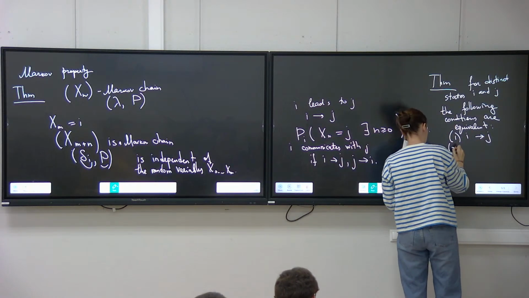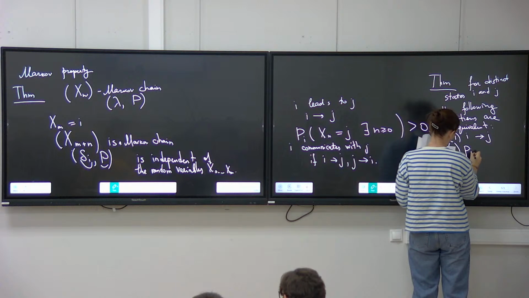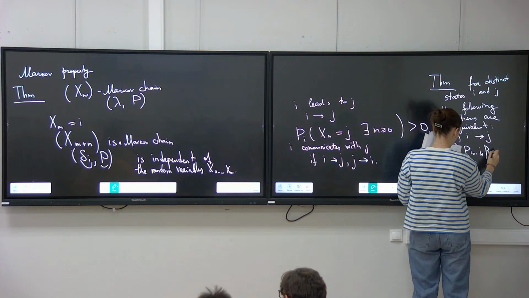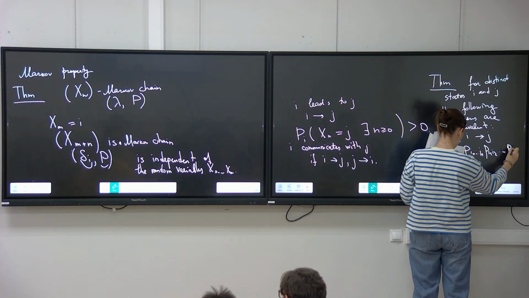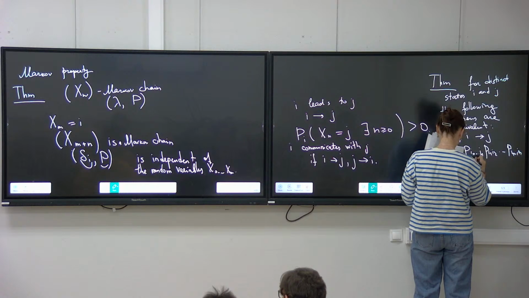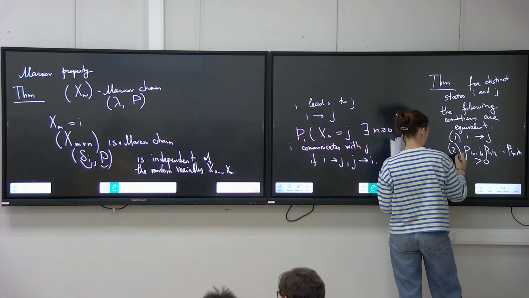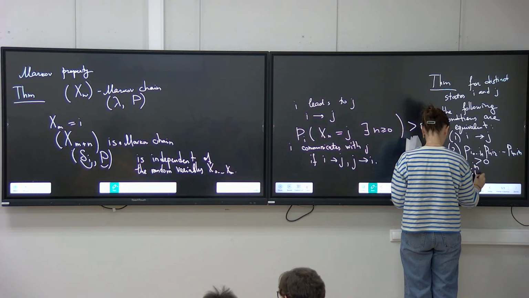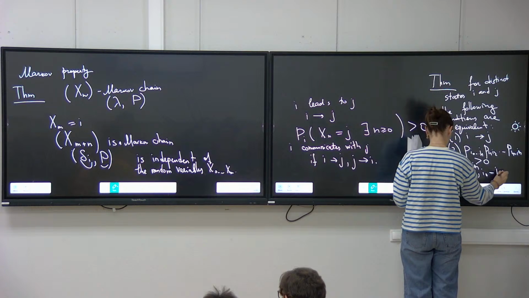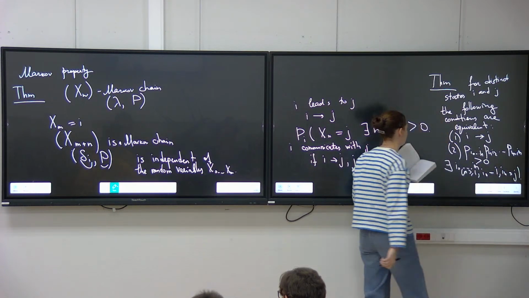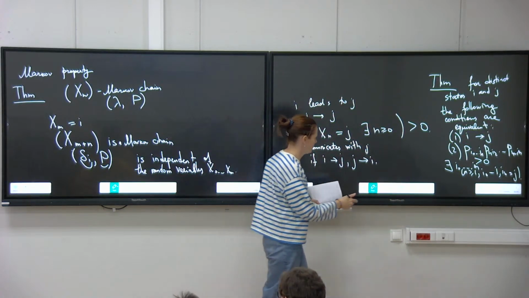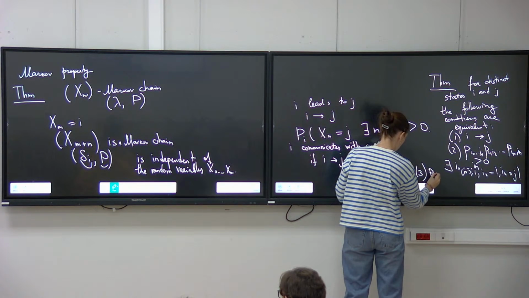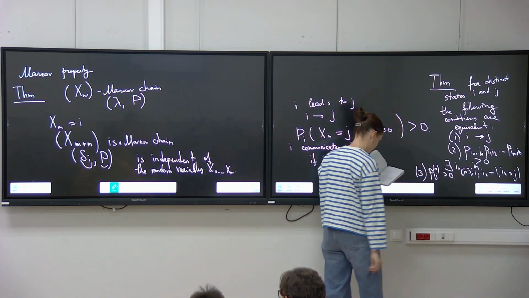The fact that I leads to J, and the fact that the product of the probabilities P_{i i1} and so on, up to P_{i_{n-1} j}, is positive for some intermediate steps. And, sorry, there is a third thing, that P_{ij}^{(n)} is positive.